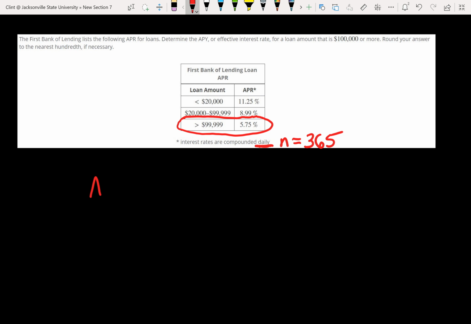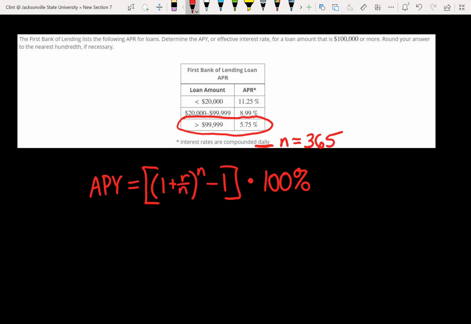So our formula for APY, and I'll give you all the formulas you need on the test, and there's a little link you can click on in Hawks that'll bring up the list of formulas. I don't expect you to know these. So for APY, it's 1 plus r over n to the n power minus 1, and then whatever that number is times 100%. That'll give us our APY.